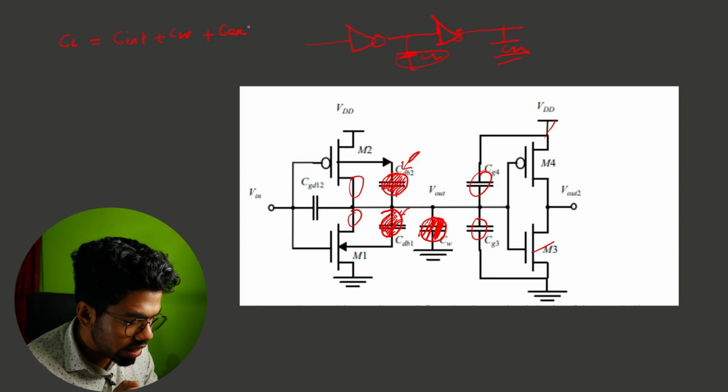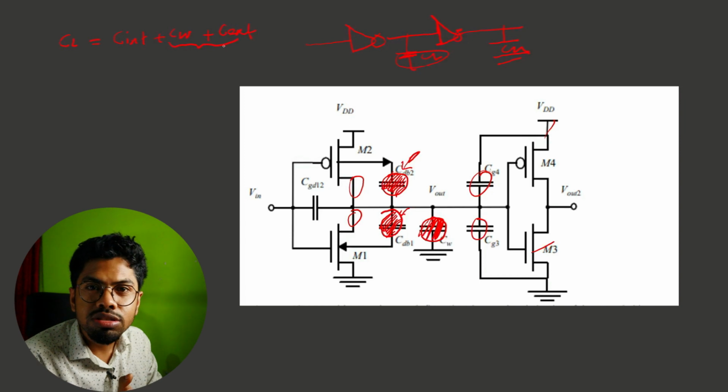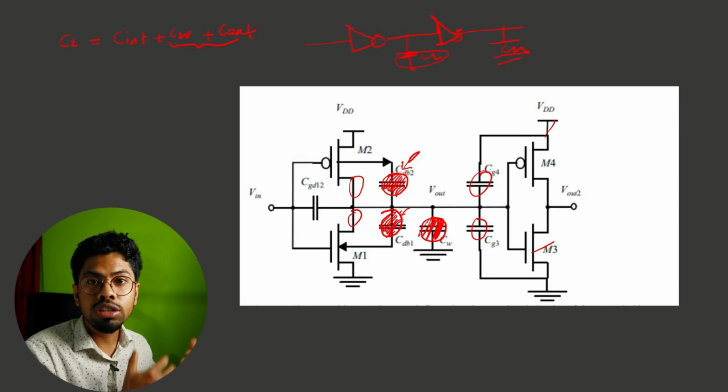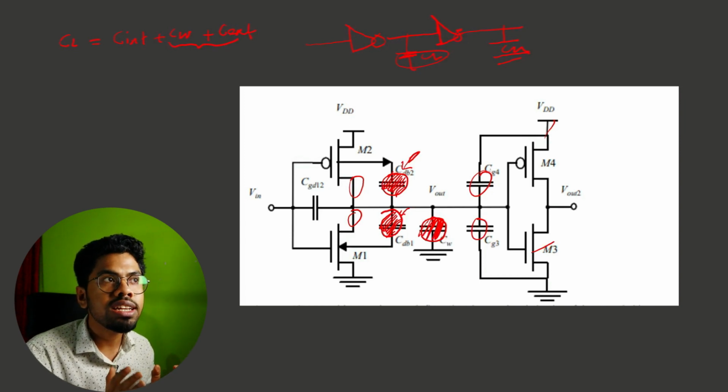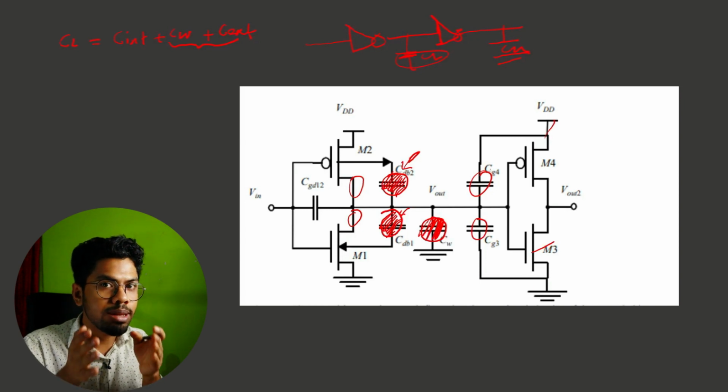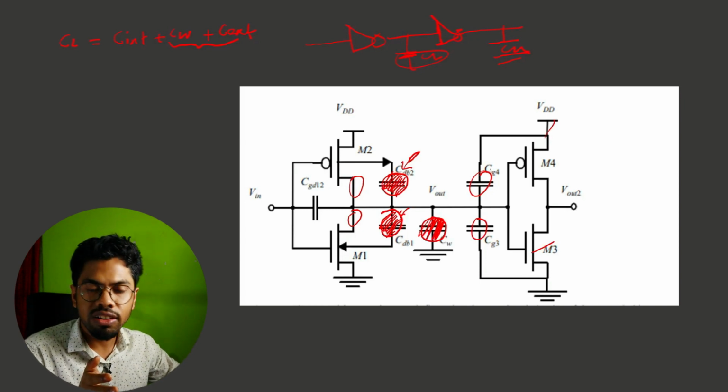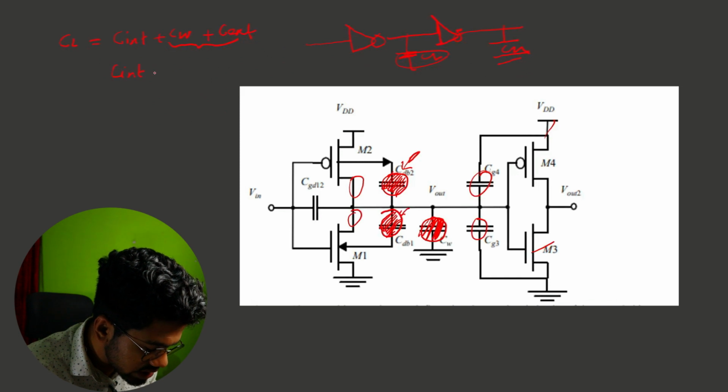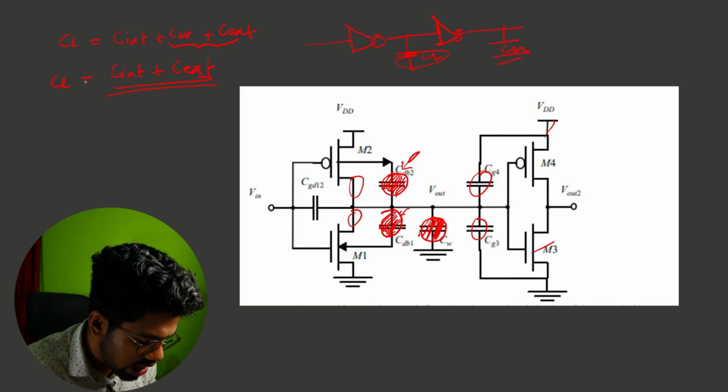So this is from the external node, and we can just combine these things because these are external factors which are not in our hand. When designing, we can design only our side, our part. The load could be anything, right? So it is C internal plus C external, which is our CL.